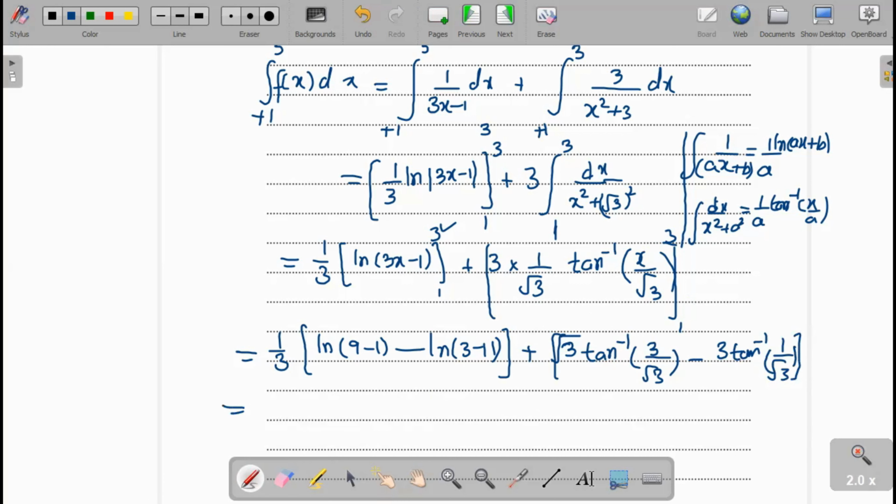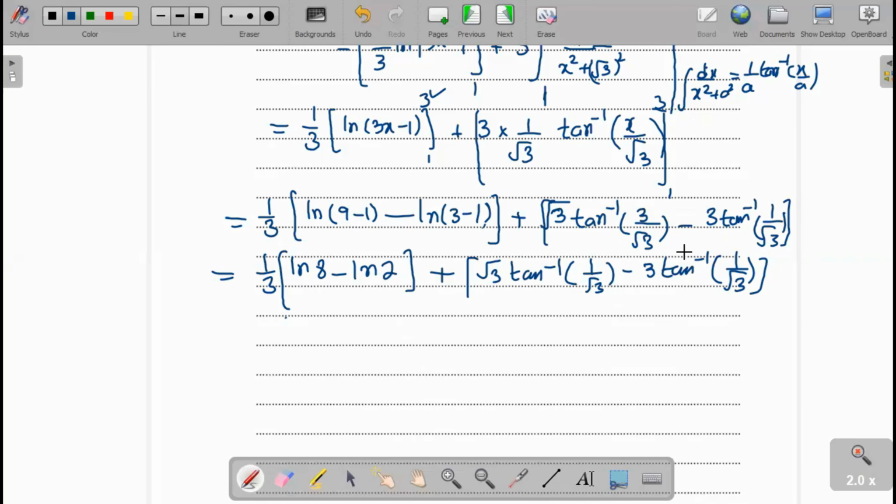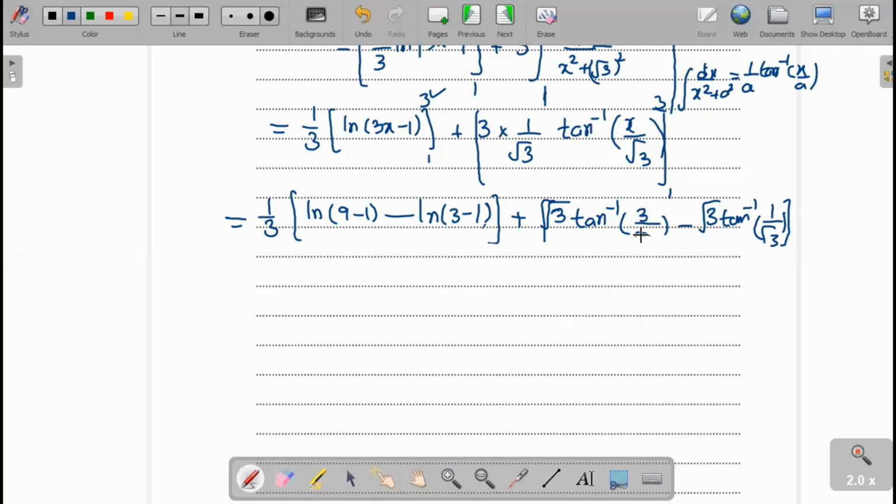Now that value is 1 over 3 into ln 8 minus ln 2. Now we write it as square root of 3.